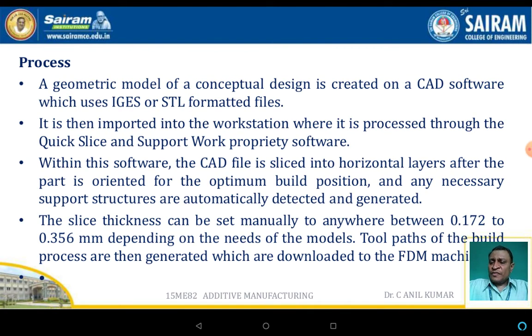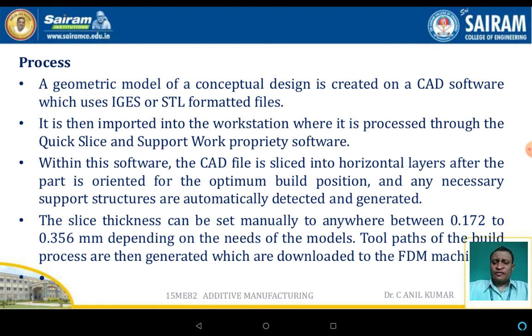The process: a geometrical model of the conceptual design is created in CAD software, using IGES or STL formatted files. It is then imported into the workstation, where it is processed through the QuickSlice and Support Work software.